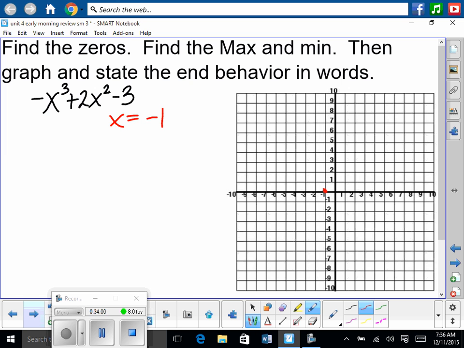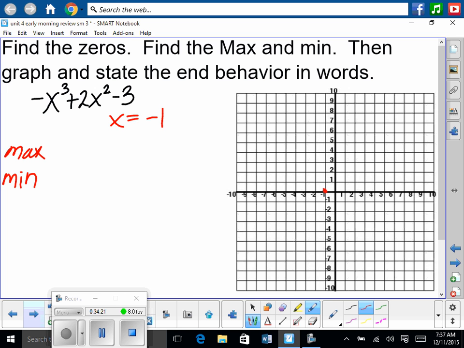Now it says find the max and min. I'm going to do it in my calculator. Second trace, minimum first. The minimum is the lowest point, so you have to be left of it, hit enter, be right of it, hit enter. If you can't see a max and min, make your window smaller. Does that make sense?